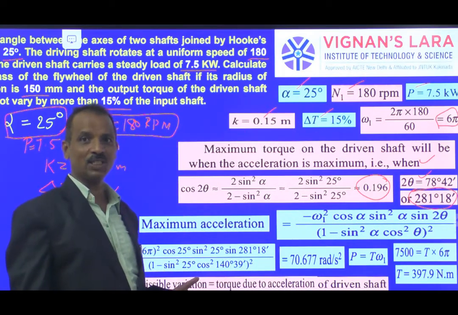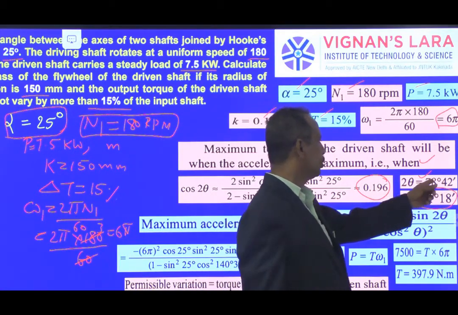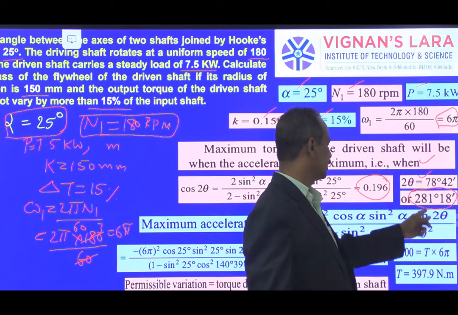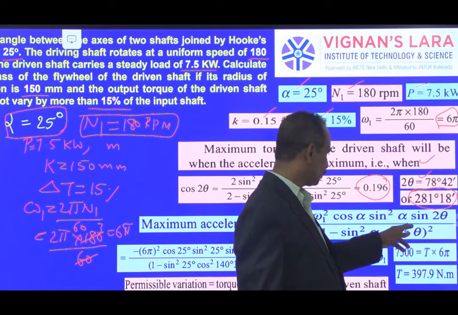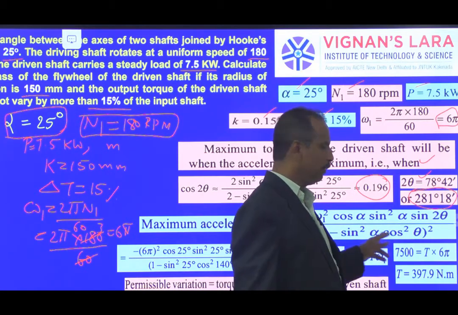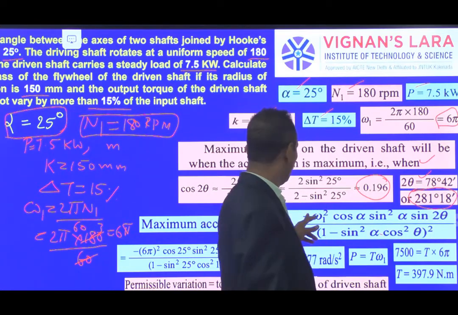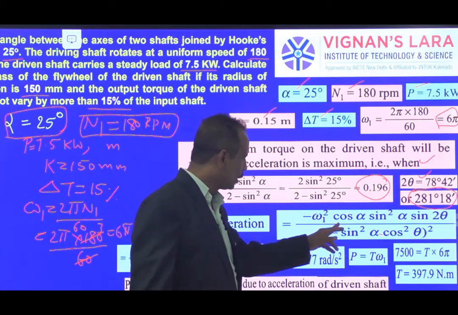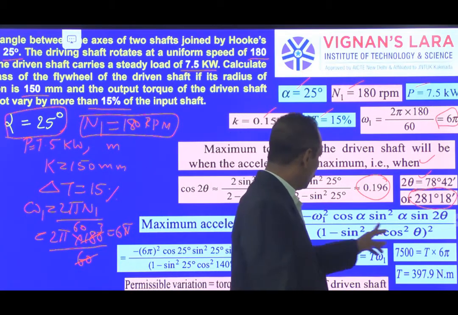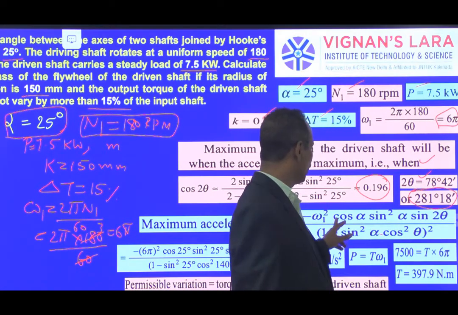Similarly, for the minimum acceleration you get the same magnitude, but you have to substitute 2 theta as 78 degrees. Here the sine is positive, and the denominator is a square term, so it is a positive value, and the leading sign is negative.